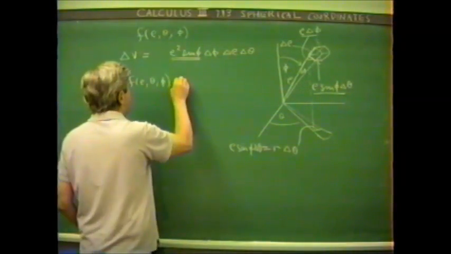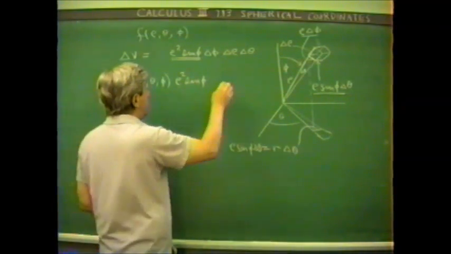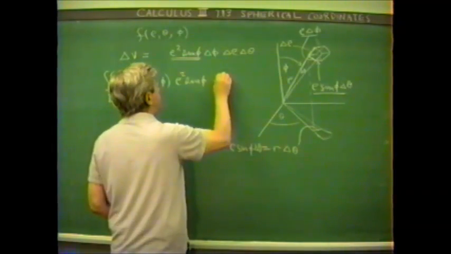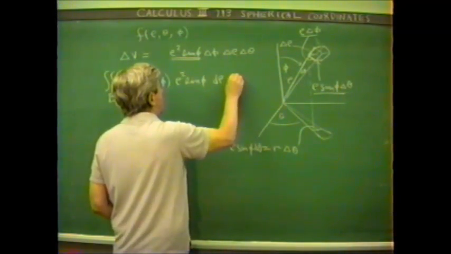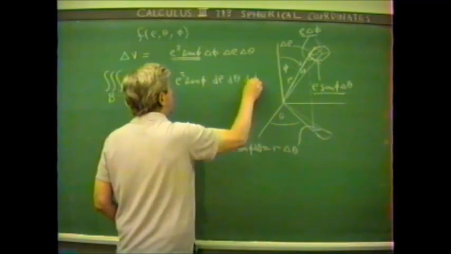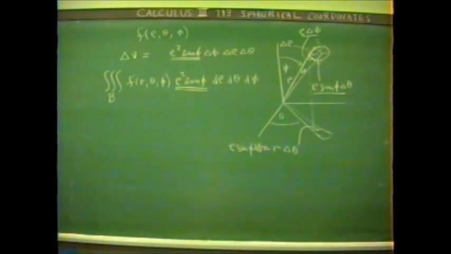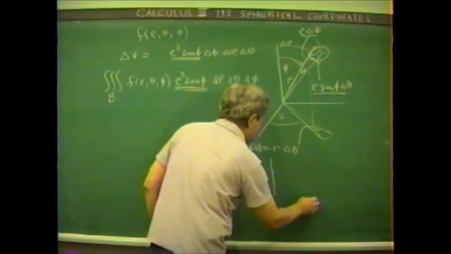But now you're going to have rho squared sine phi, and then these in whichever order is convenient for doing the integration. For example, d rho, d theta, d phi. And this is a multiplier in either case. Let's see how this might be done.